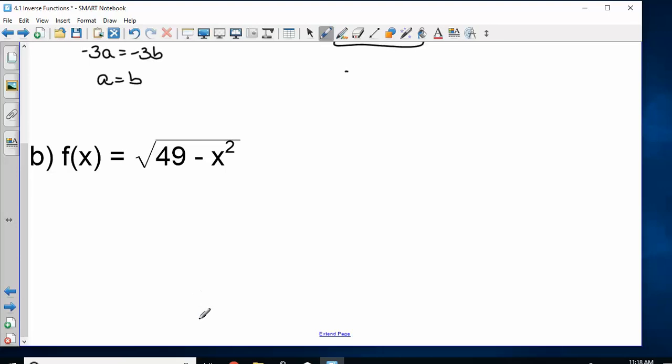At B, I want to decide if this is one-to-one. We set two y values equal. f of a equals f of b. f of a means you plug an a into your problem, so you get the square root of 49 minus a squared. f of b means you plug in a b.